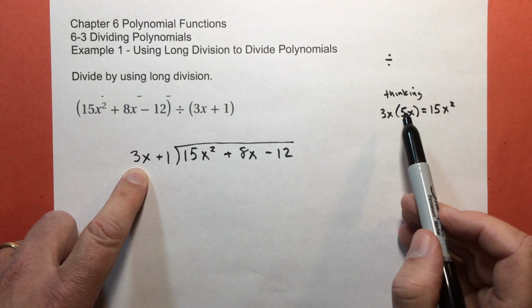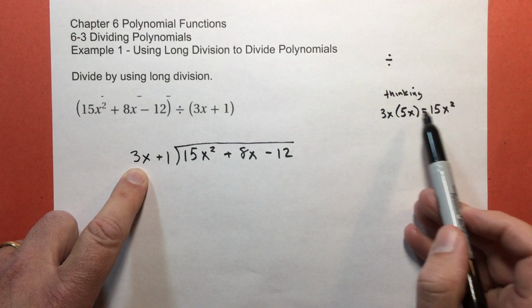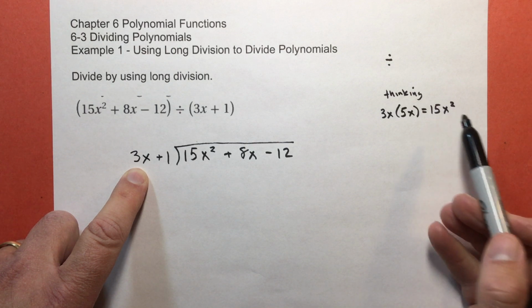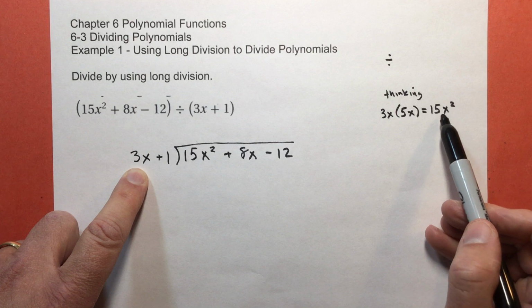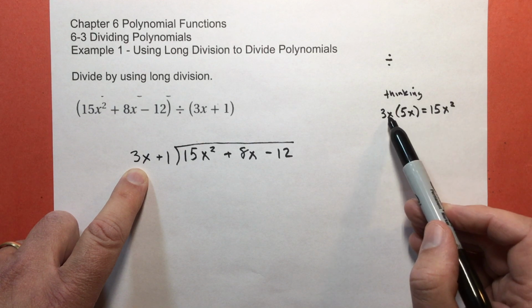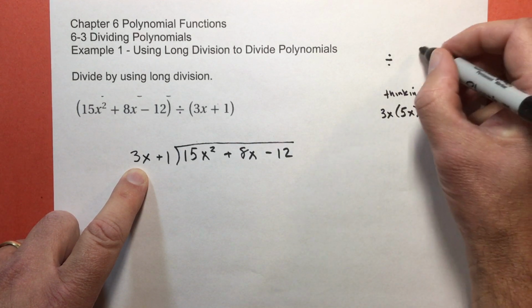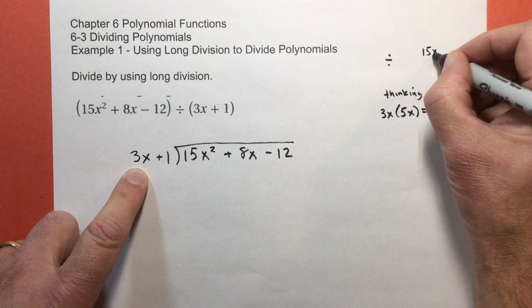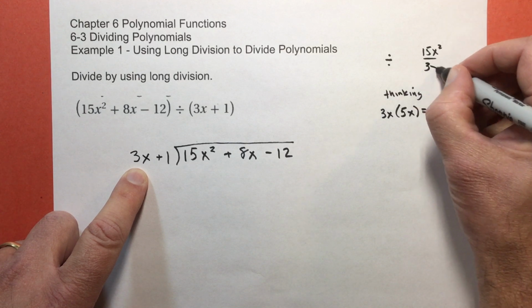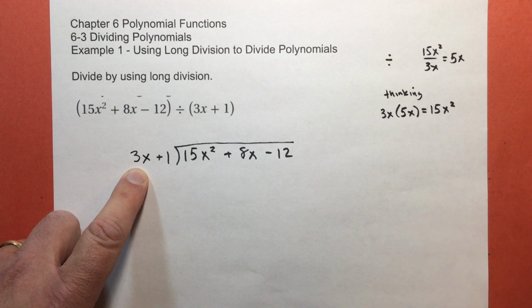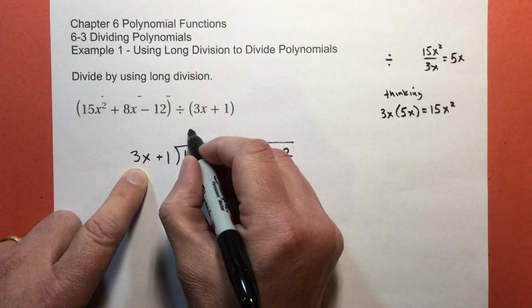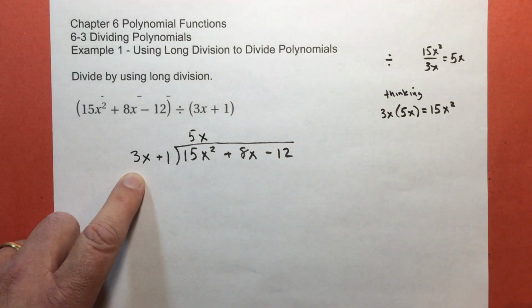So if I multiply 3x times 5x, I get 15x squared. And if I work backwards dividing, if I divide 15x squared by 3x, I guess I could have written it this way, 15x squared divided by 3x, and that's going to give me the 5x that I was looking for.